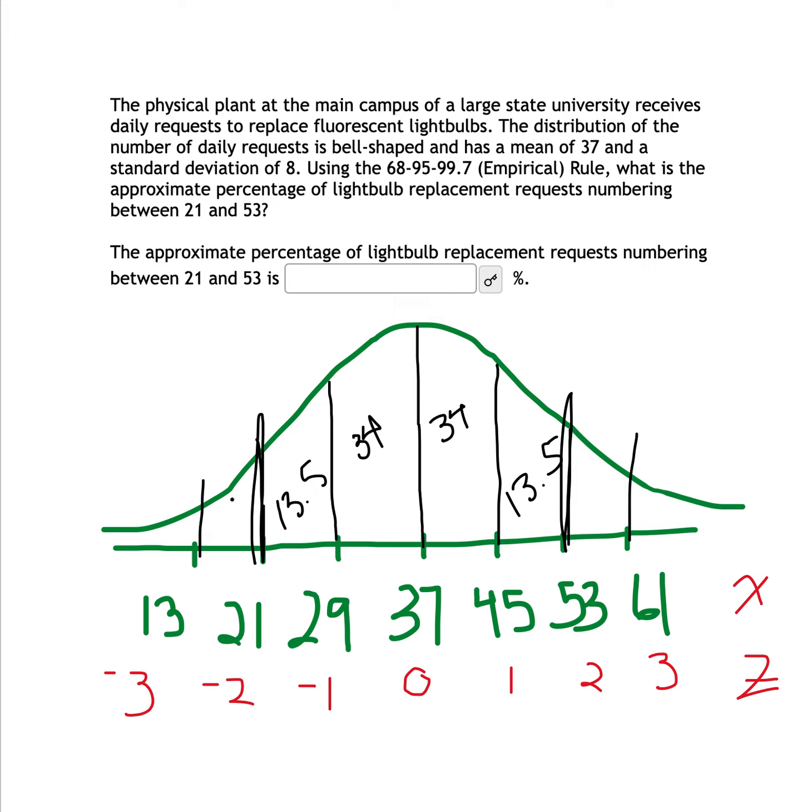And then I have to split that 4.7 up into these two areas. So if I take 4.7 and divide by 2, then this area here is 2.35% of the data. And then this area here is 3.5% of the data. Oh, sorry. Let me erase that. I meant 2.35.